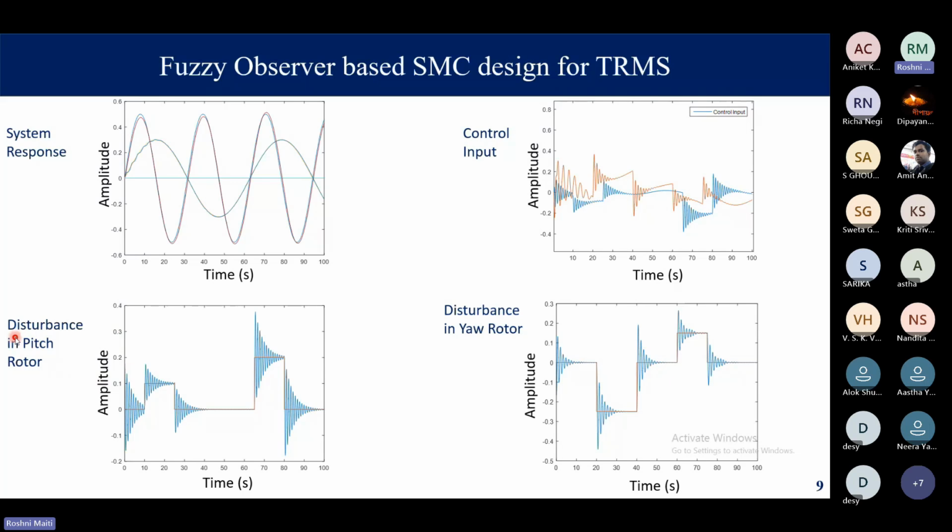And for this one, whatever disturbance we have given to our system, here we can see that these are the disturbances in the pitch rotor and this is the disturbance in the yaw rotor. Whatever disturbance we have given, it can track those disturbances very properly.